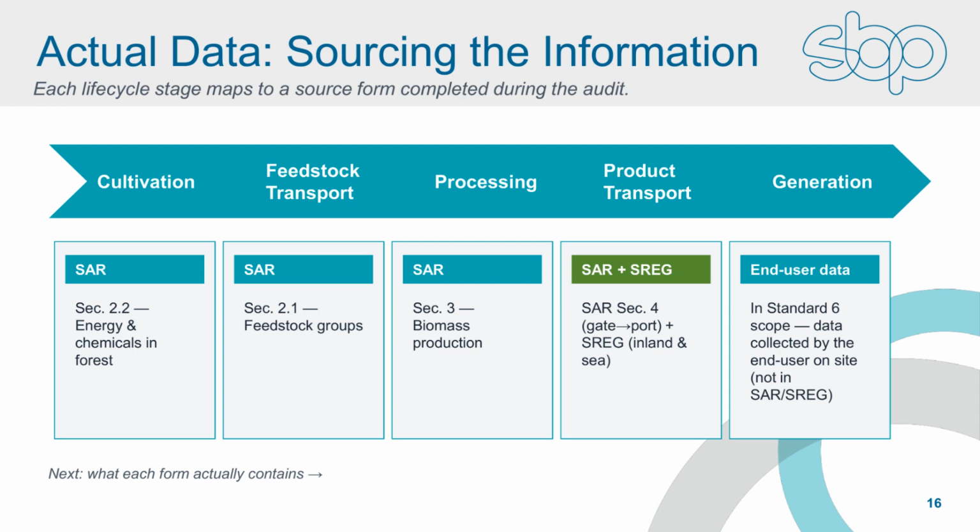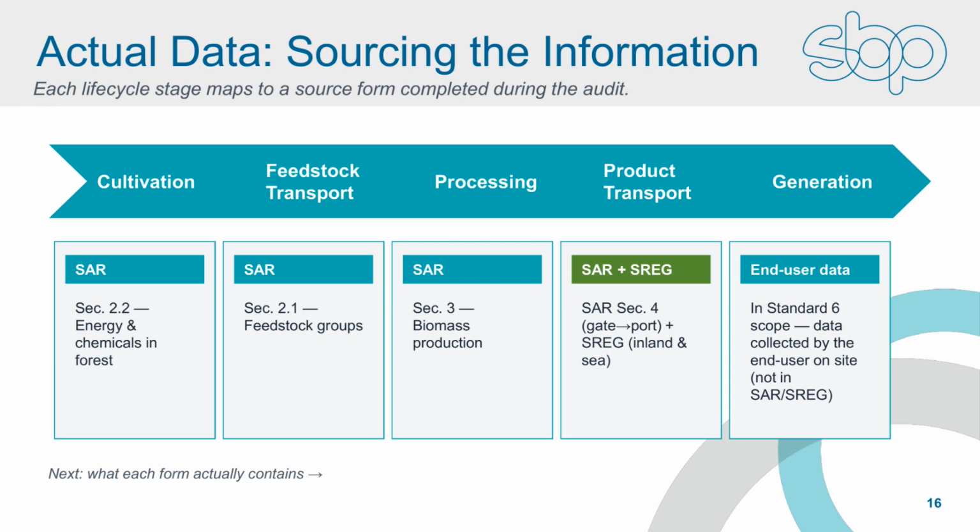Processing data sits in section 3 of the SAR, covering biomass production at the pellet mill, including energy inputs and process emissions. Product transport. This is the only stage that draws on two sources. Section 4 of the SAR covers the gate to port leg, and the SREG, the supply region evaluation, covers both inland and sea transport from port onward to the end user.